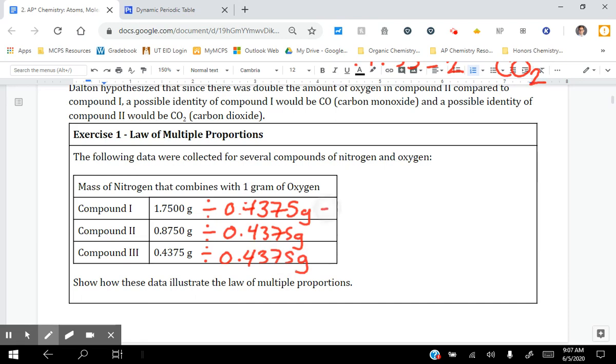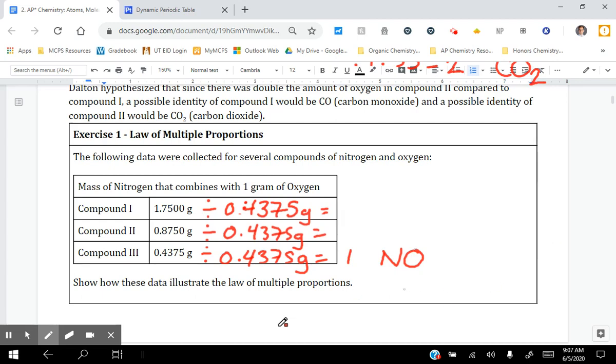The first one, quite obviously, is going to be much larger, so we'll save that one for last. But when we divide something by itself, that means we have one of that number. So we have 1 nitrogen in compound 3 combined with 1 oxygen.